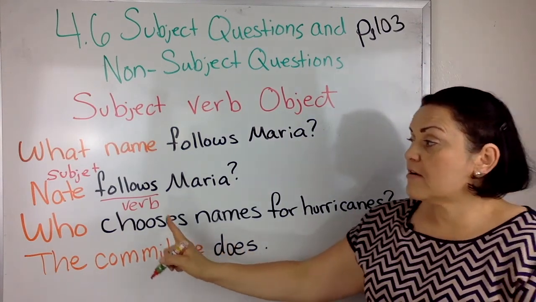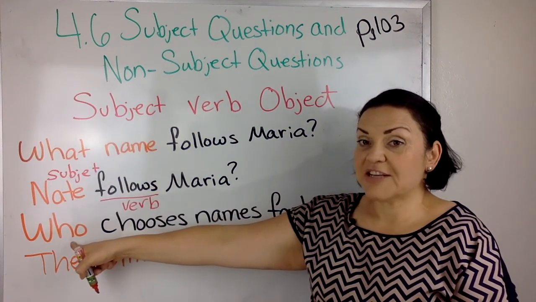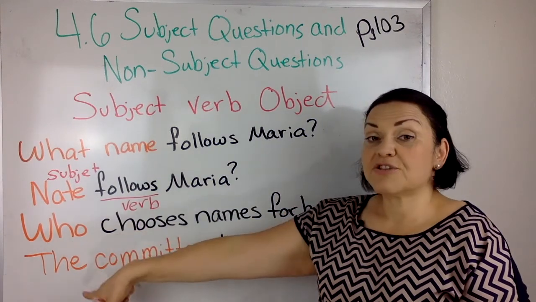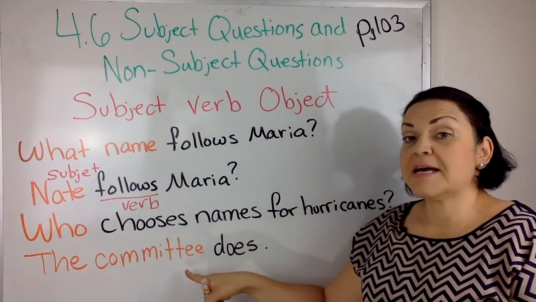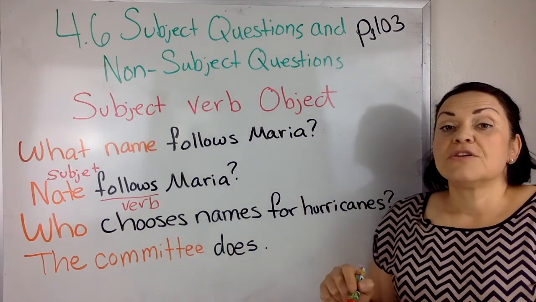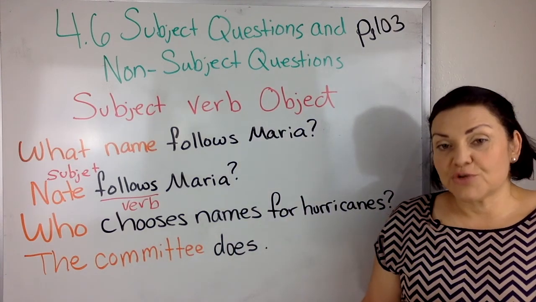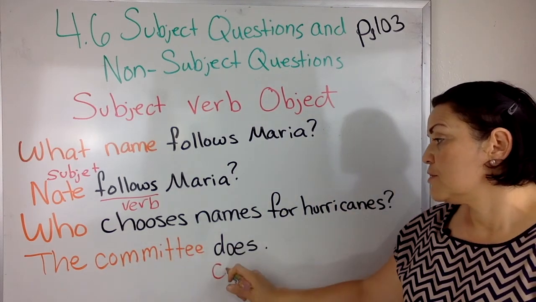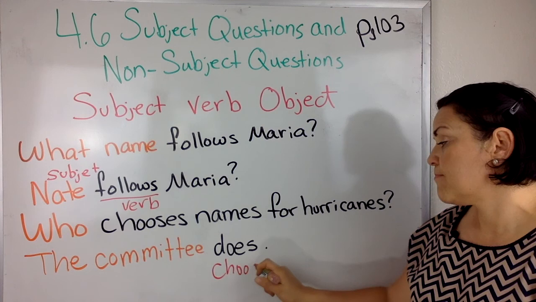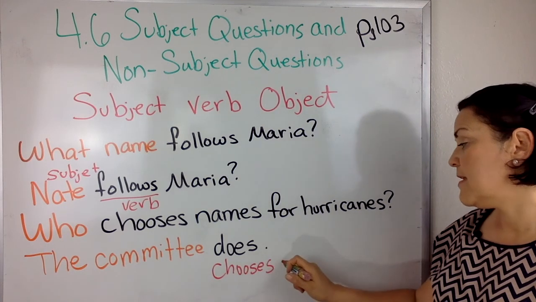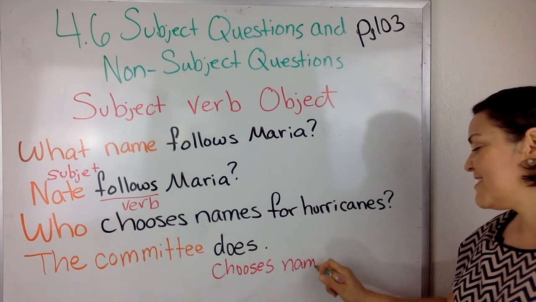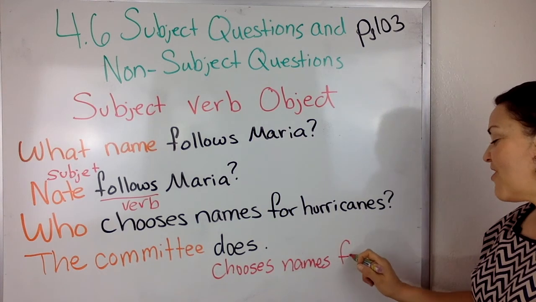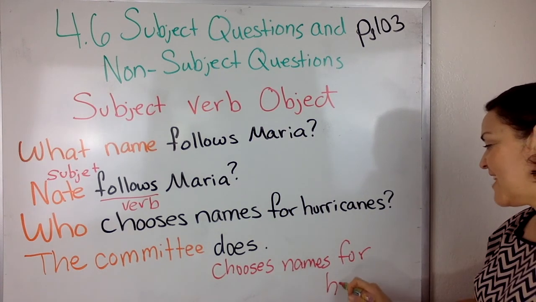Next one, who chooses names for hurricanes? So right here, here's my subject, who. The answer starts with subject. The committee does. To make the answer shorter, because you could say the committee chooses names for hurricanes.